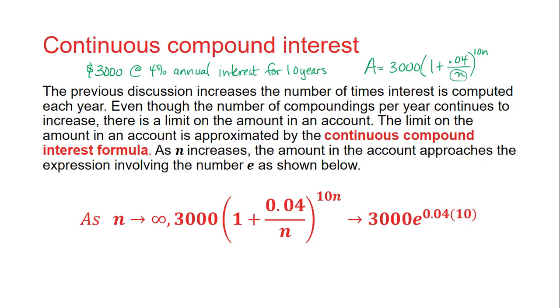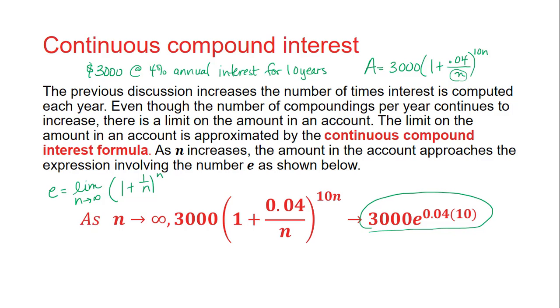Well, what happens is that it actually approaches this number, 3,000 times e to the 0.04 times 10. And that is because, you remember I mentioned this briefly, that the number e is actually from the limit as n goes to infinity of 1 plus 1 over n to the n.